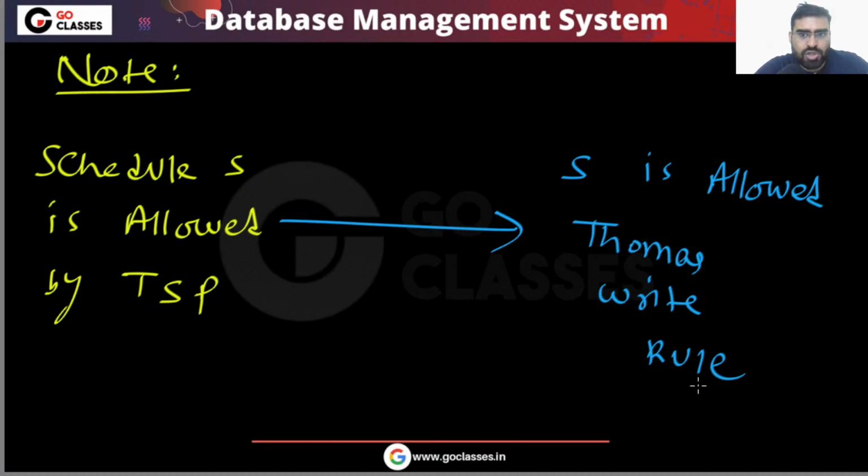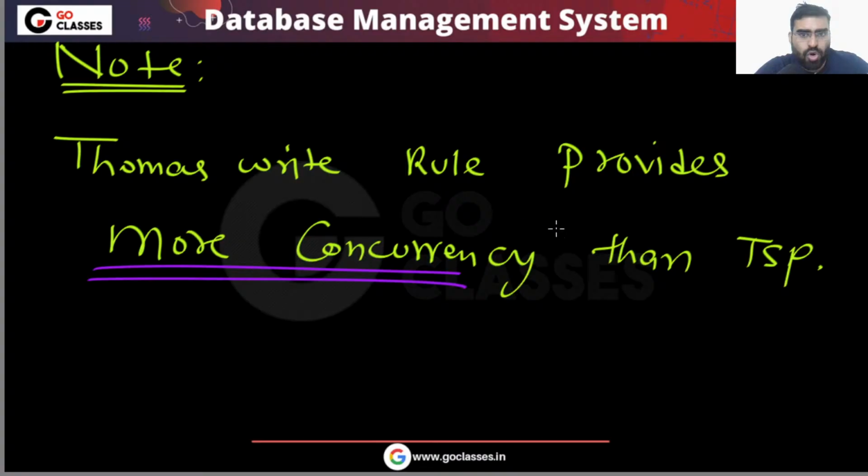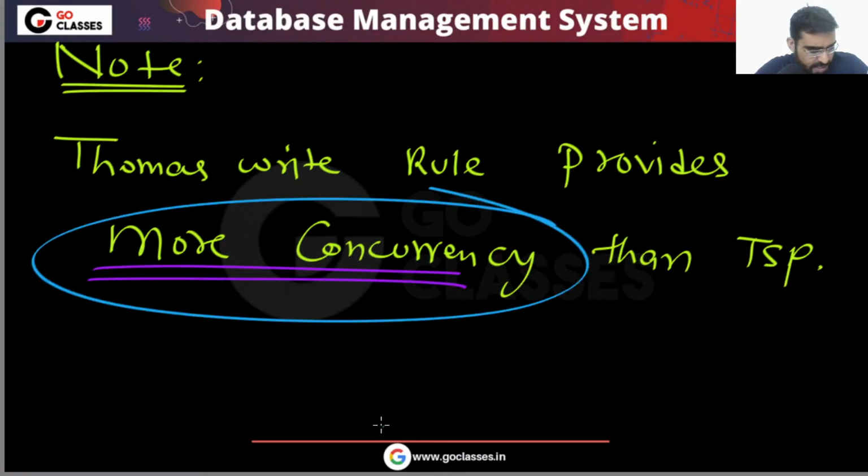But some extra schedules will be allowed by Thomas Write rule. This means Thomas Write rule will give you better concurrency. Is this clear, Dipan?